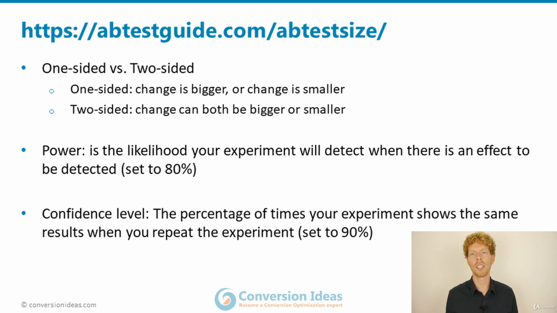If you do so, there might be a chance that the increase you see in your variation is caused by chance and not by the actual change you made. So set this to 90%. So one-sided versus two-sided, power, and the confidence level. In the lecture resources, I'll place a link to an in-depth article. But for now, let's calculate the sample size and test duration for our Bookabuzz test.